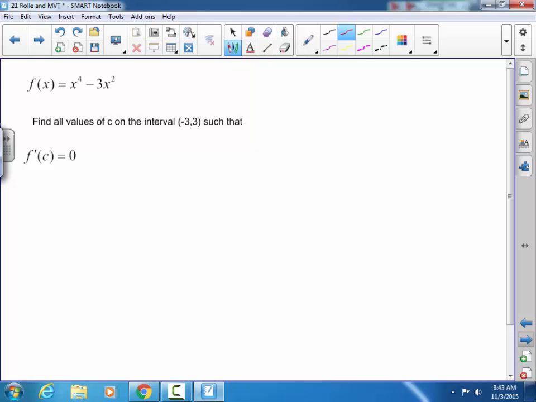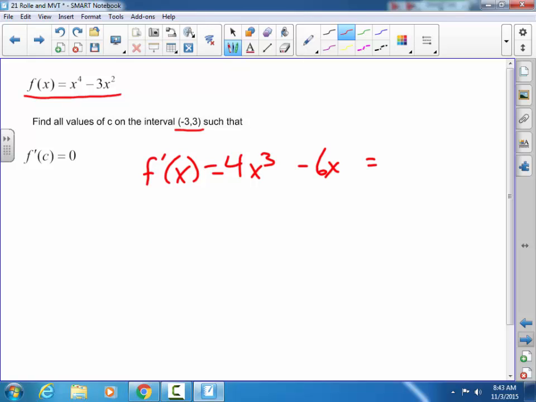Now, find the values of c on the interval -3 to 3 such that the derivative equals 0. So how are we going to accomplish this with this particular function? Take the derivative, set it equal to 0. If we take the derivative of that, we get 4x cubed minus 6x. Set that equal to 0.